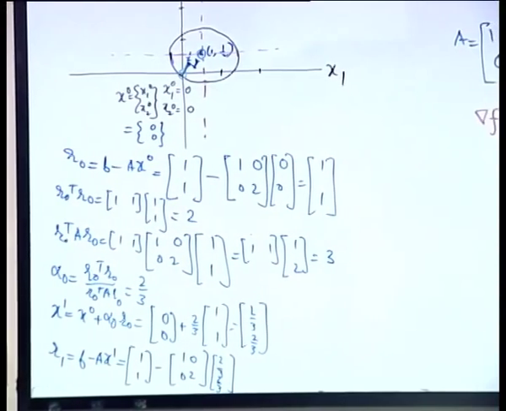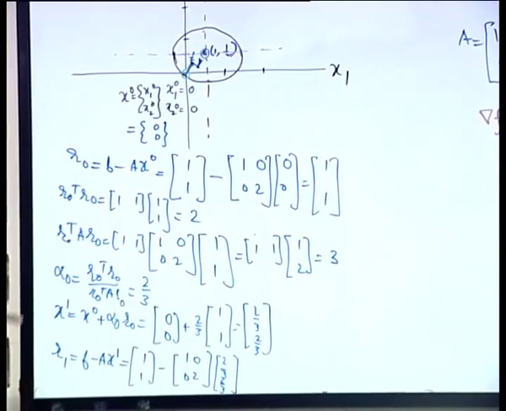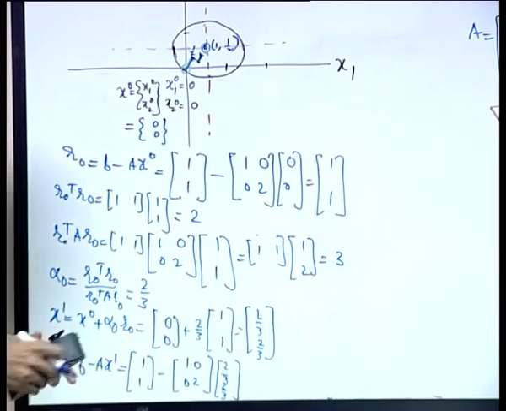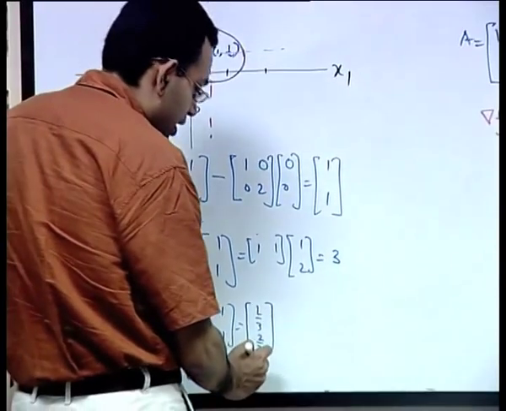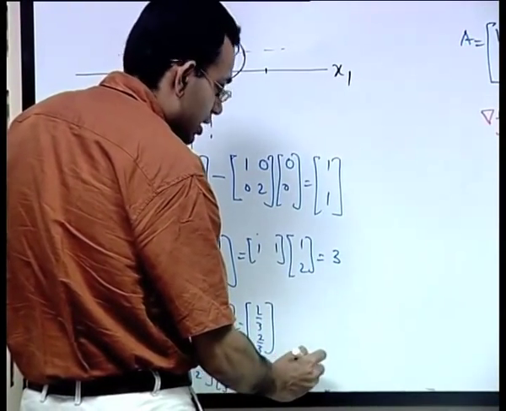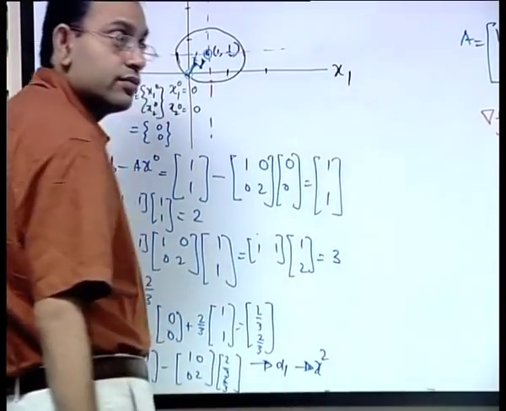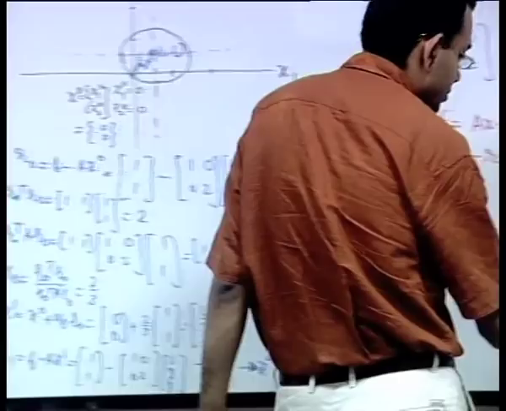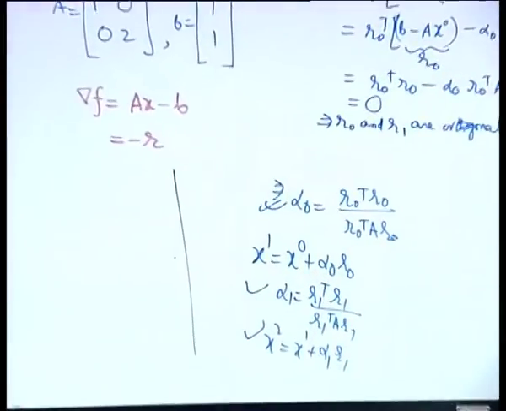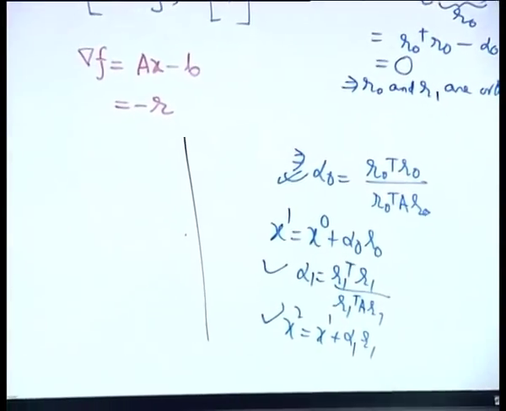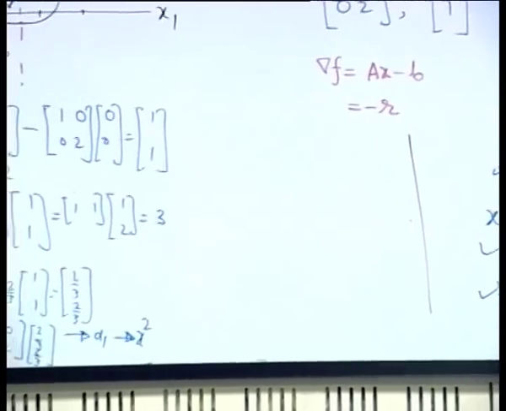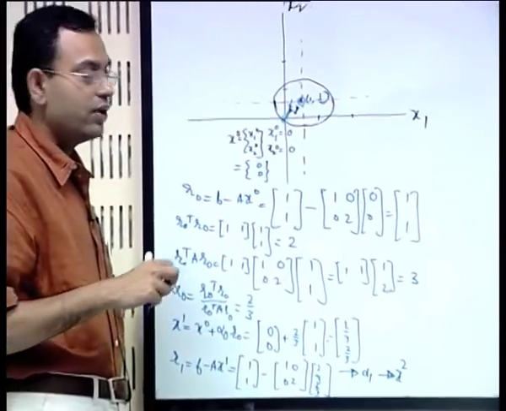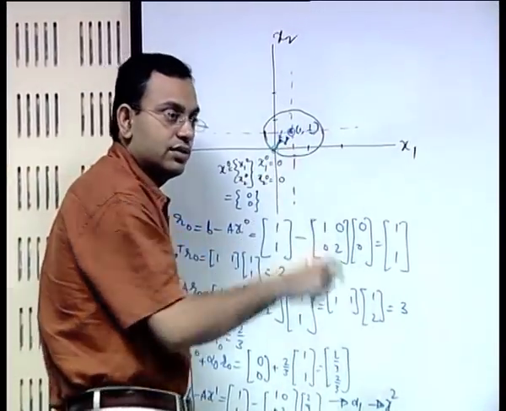Let us not go into these lengthy calculations again, because by this time we have understood what the sequential steps are. Once you calculate r1, you can calculate alpha 1 and then you can calculate x2 by using these formulas. So in this way you can calculate alpha 2 and then x3 and so on till you find that you reach the solution.